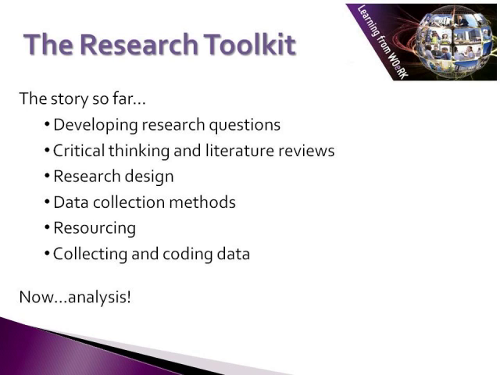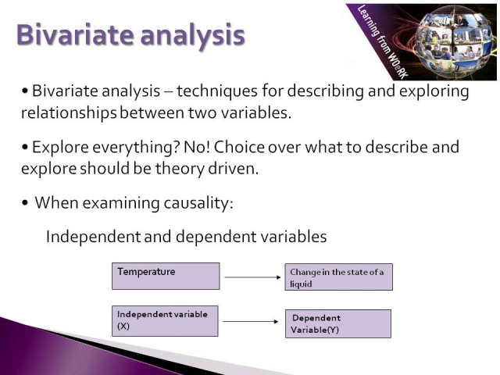So here in this slide series we're going to examine bivariate analysis techniques. Bivariate analysis is about techniques that allow the researcher to describe and explore relationships between two variables.